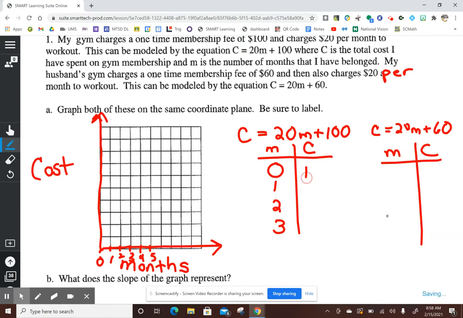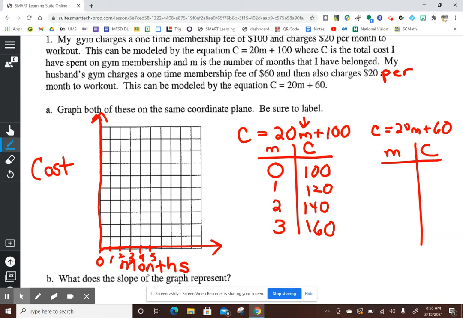If this is 0, this is 100, because I plug 0 in there. 20 times 0 is 0, plus 100 is 100. 20 times 1 is 20, so this would be 120. 20 times 2 is 40, so this would be 140, and this would be 160. So when I look at cost, it seems to be going up by 20.